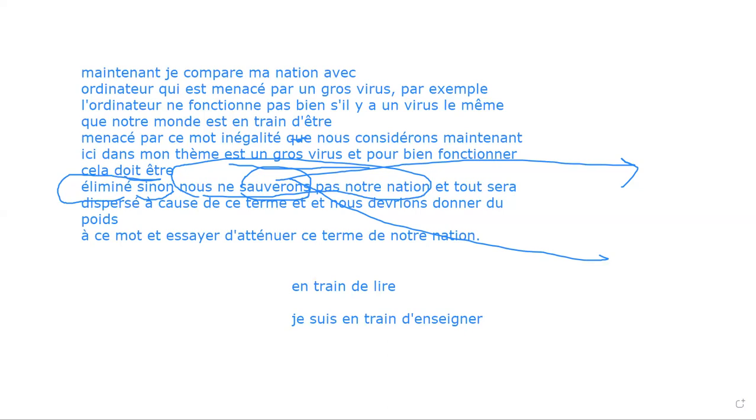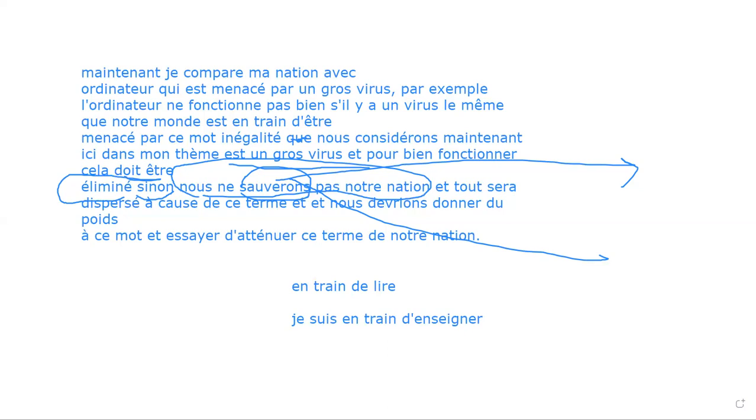Et nous devrions donner du poids. And we should give poids, what is poids, my team? Weight. We should, nous devrions, give, donner du poids à ce mot. We should give weightage to this word and try, essayer, to diminish this, atténuer.